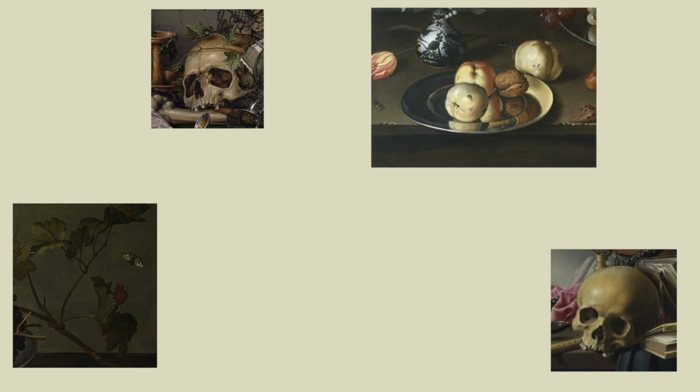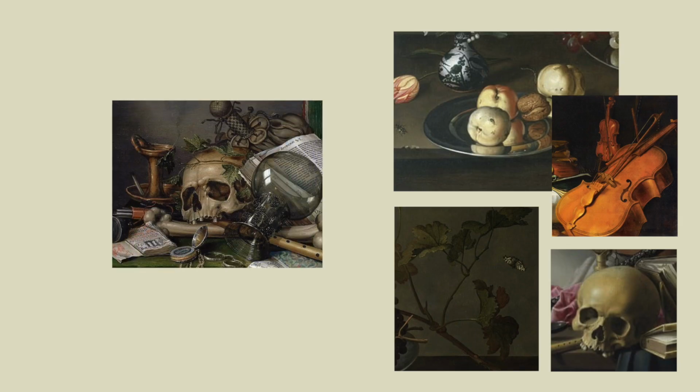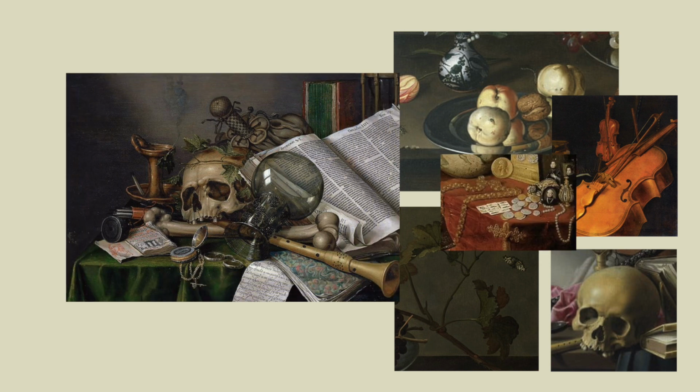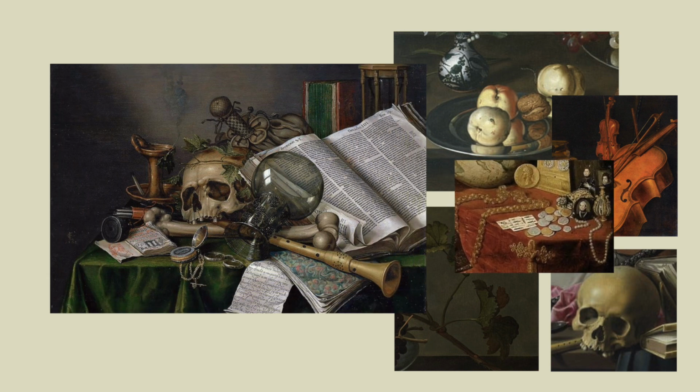For example, you often see skulls, dead leaves, or moldy food, which stands for the transience of life. And those are often combined with musical instruments that stand for entertainment or other riches like expensive clocks, jewelry, all that stuff. So like mainly fancy stuff in contrast with dead things.